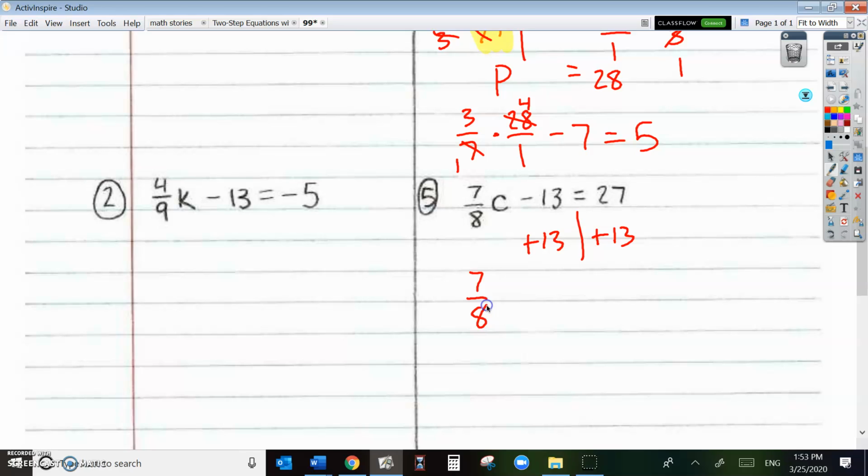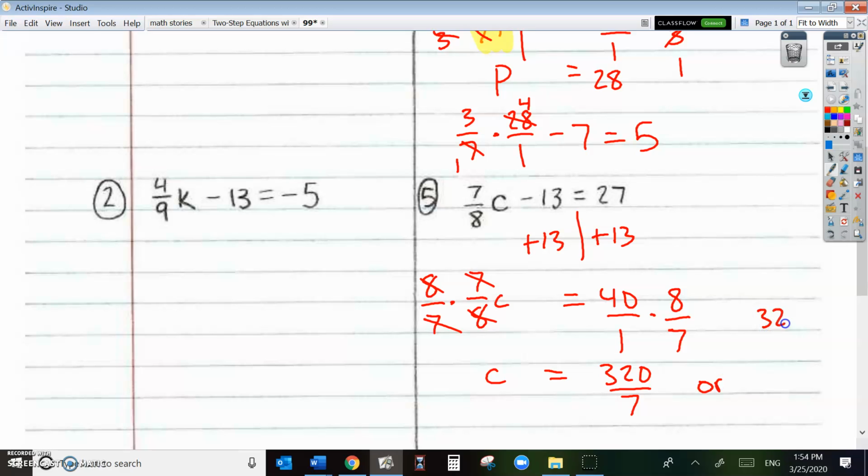Okay, add 13 on both sides. 7 over 8c equals 40. Multiply this by 8 over 7. Multiply this by 8 over 7. This all cancels. C equals 320 over 7, or 320 divided by 7.